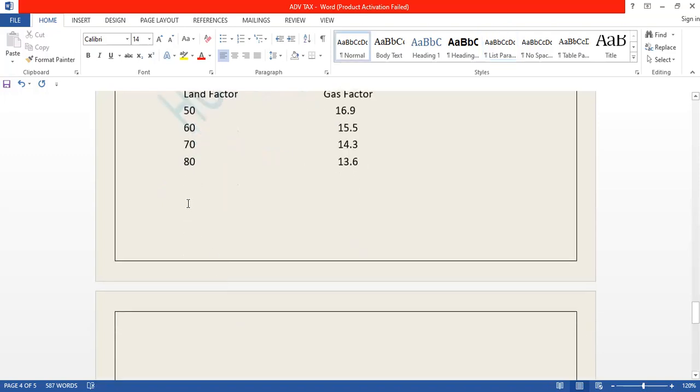Now, there's another short formula I'm going to give you anytime you want to calculate it. So the formula is, now it's going to be for gas factor.